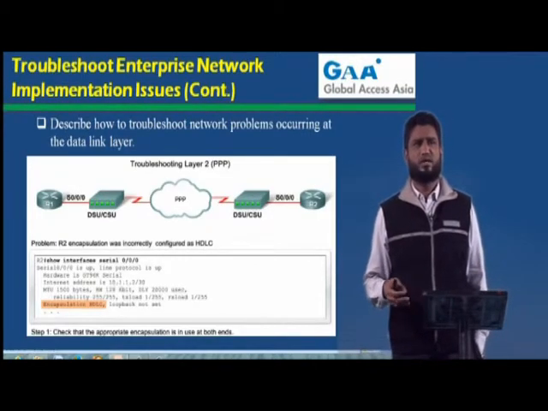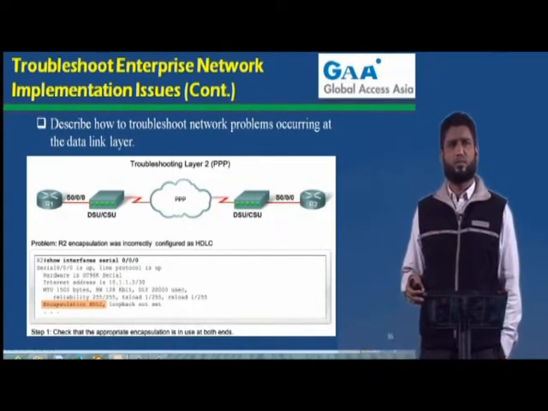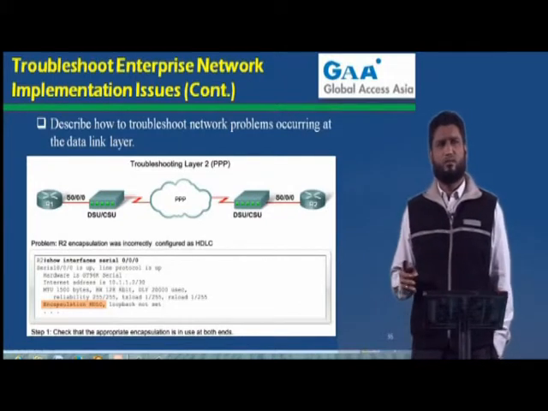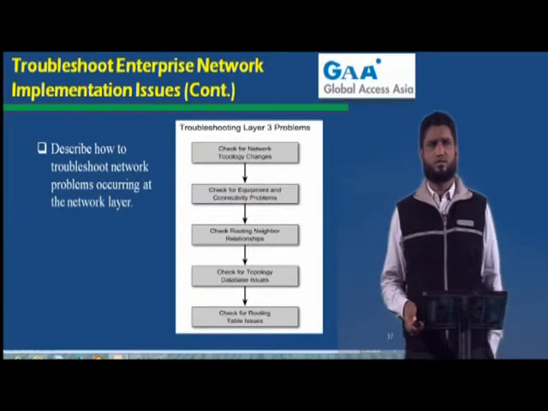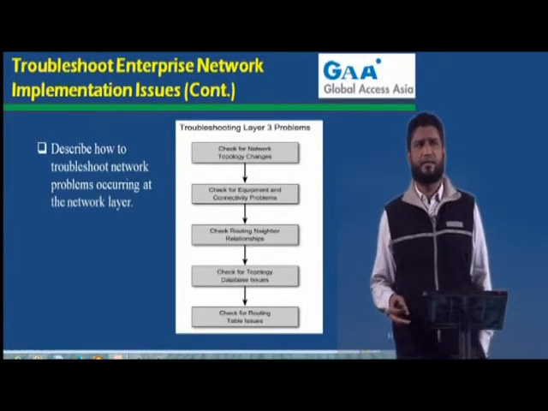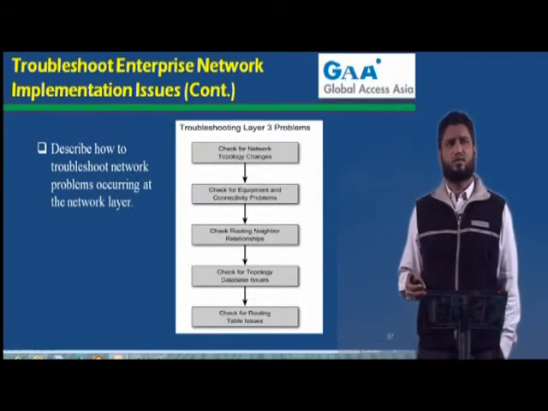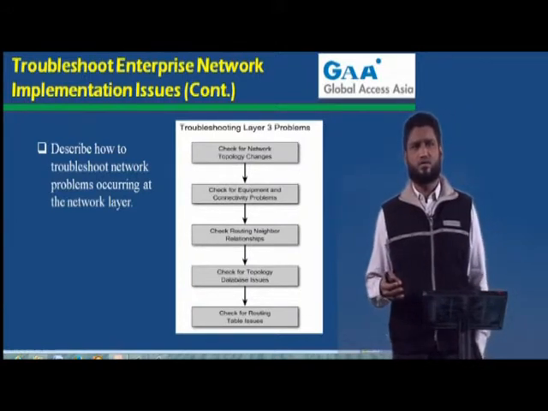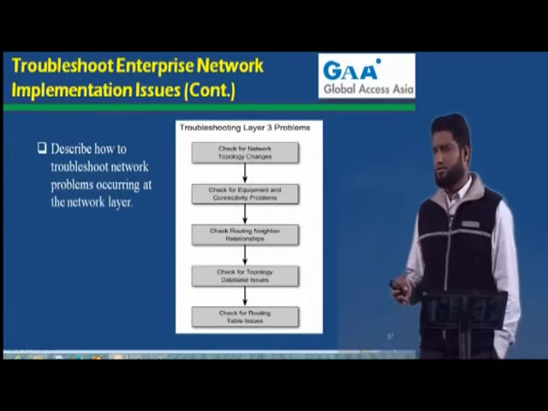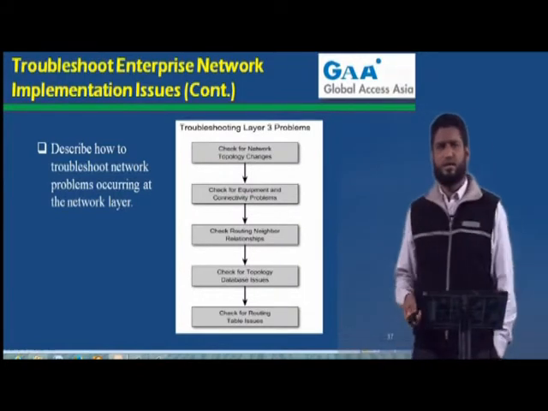And you can also see how to troubleshoot network problems occurring at the data link layer, the troubleshooting between DSU, CSU in the first and point-to-point locations; point-to-point troubleshooting can also be accommodated here. In this figure, you can see how to troubleshoot network problems occurring at the network layer, troubleshooting layer 3 problems, and checking the network from top to routing issues; tables are also mentioned here briefly.